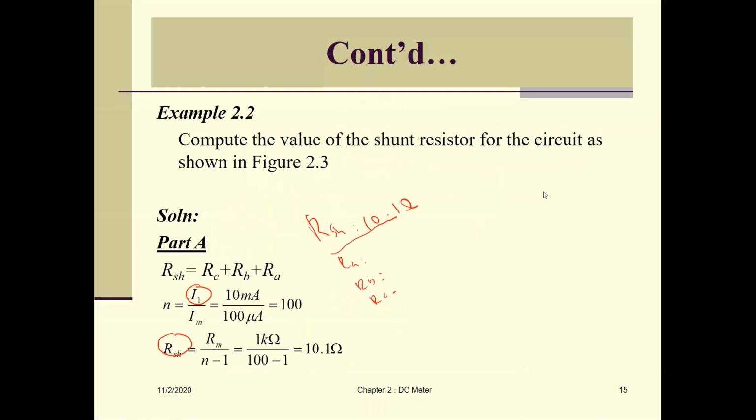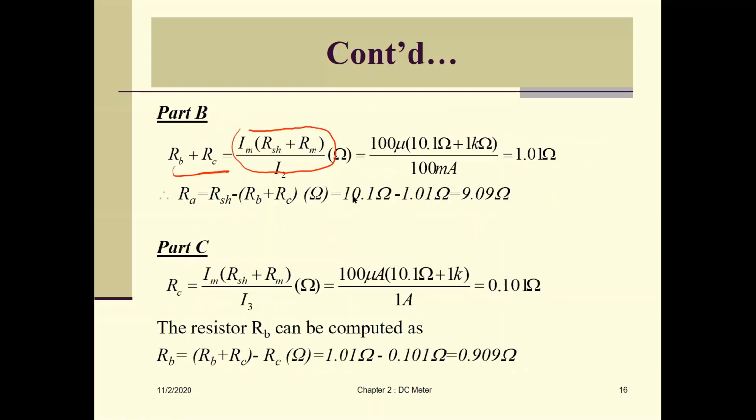This is for part B. Substitute the formula, and at the end you get RB plus RC is 1.01 ohms. This is for RC plus RB. Then to calculate the RA, use the formula R shunt minus (RB plus RC). So that's how you get the RA. After you get the RA, you can get the RB and also RC.